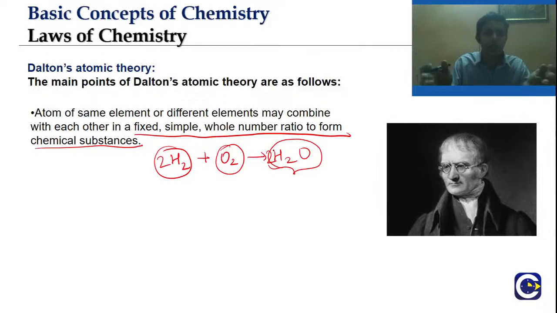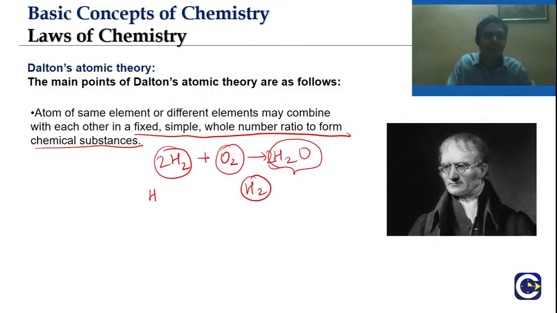But during Dalton's time, the diatomic concept was not known. So Dalton didn't know that hydrogen can exist in H2 form also. He was saying, why should hydrogen pair up with its own kind? We don't like our own brother so much, isn't it? We like friends outside our own home.